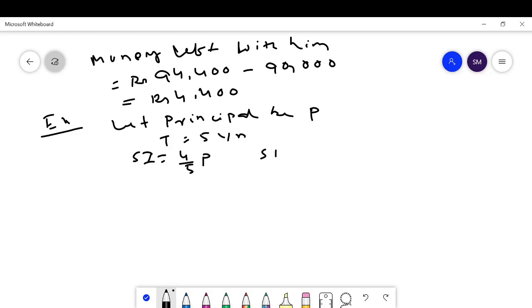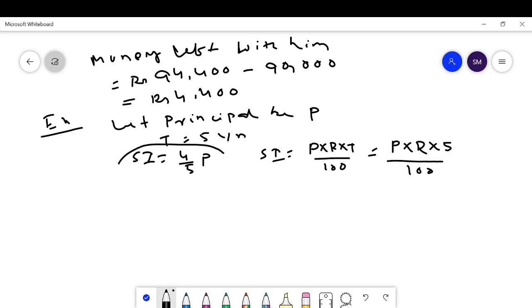But you know SI is equal to P into R into T upon 100. Here the principal is P. You don't know what R is. But the time period is 5 years, upon 100.